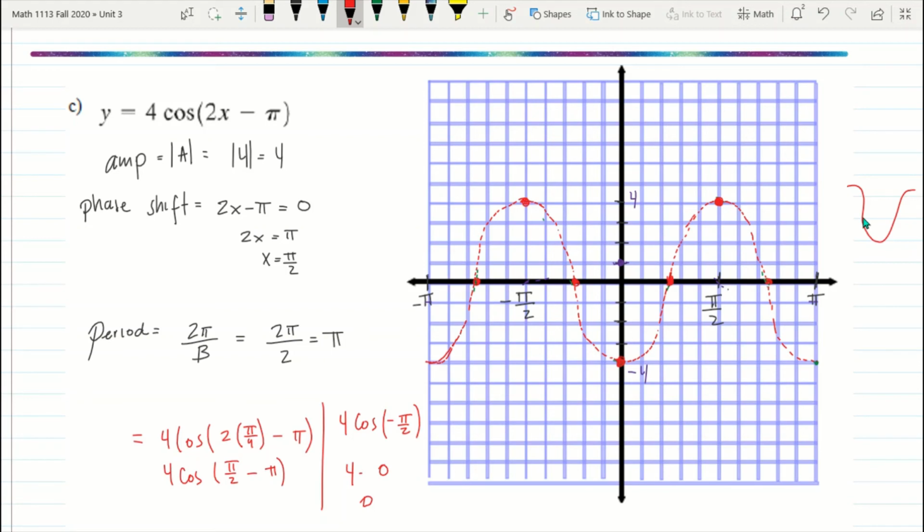Let's do the original. Let me try to get a different color because that yellow didn't work. So if I'm going to graph the original with this scale, it's going to be tough. Nope, can't even see it. What is going on here?